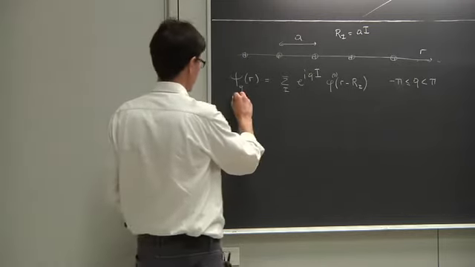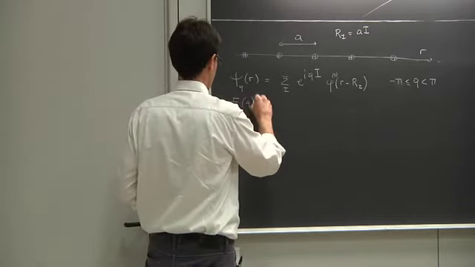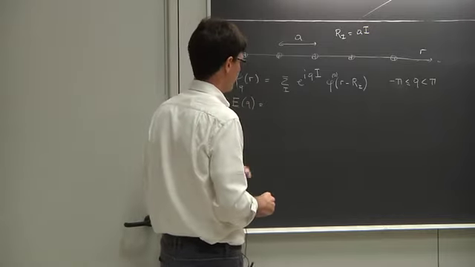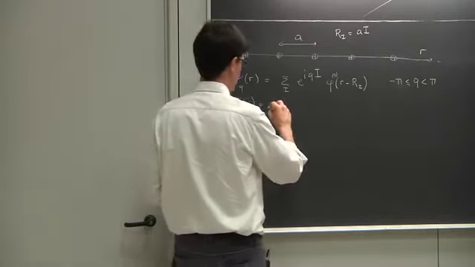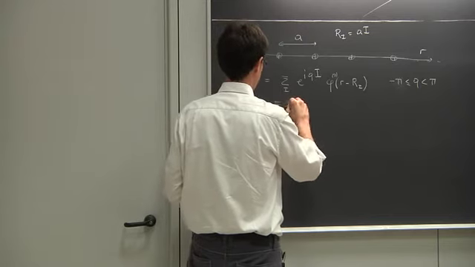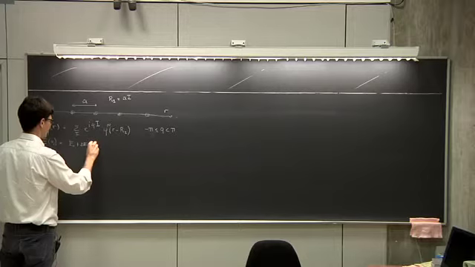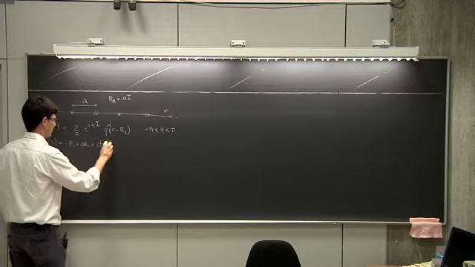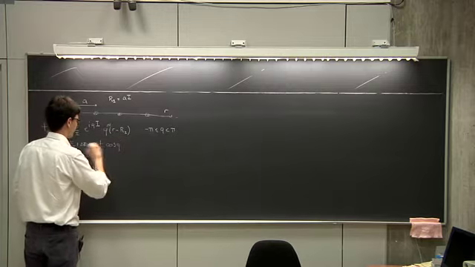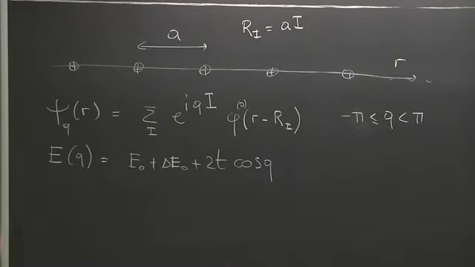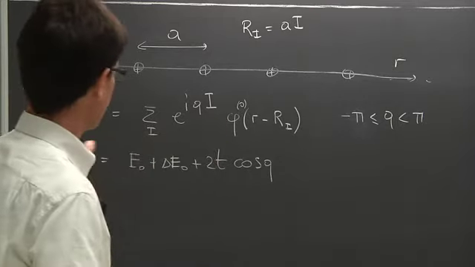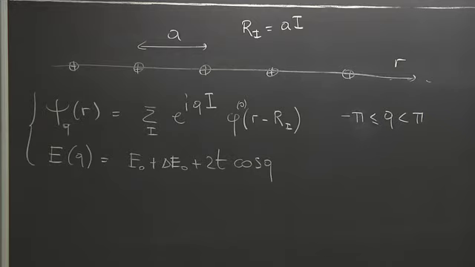And the energy for this eigenfunction as a function of Q is E naught plus delta E naught plus 2t cosine of Q. So that's our main result of last time. I'm just summarizing what we discussed and writing explicitly the form of the wave function, which last time we kept in an implicit form.